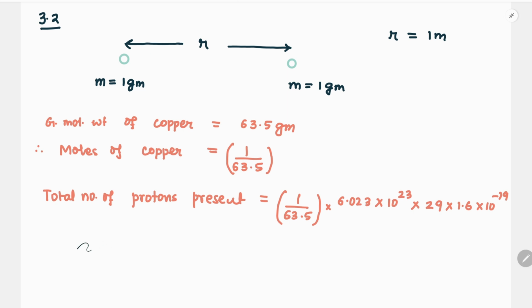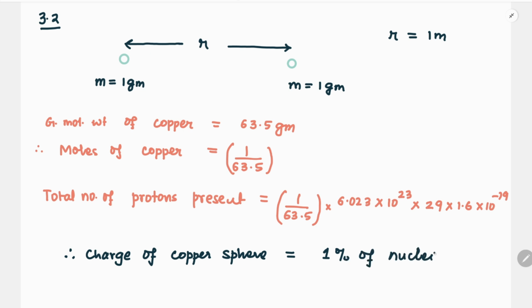So if 1% is given to the sphere, therefore the charge on the copper sphere, which is treated as a point object, is equal to 1% of the nuclei charge.